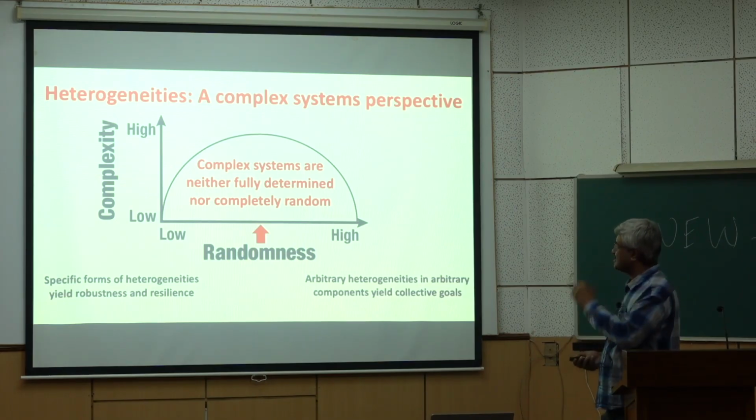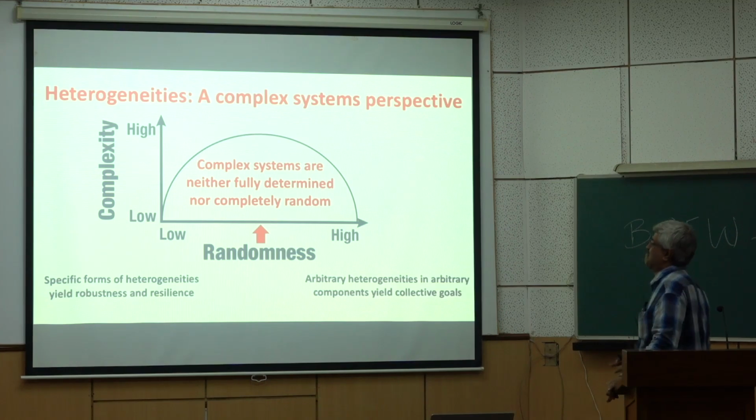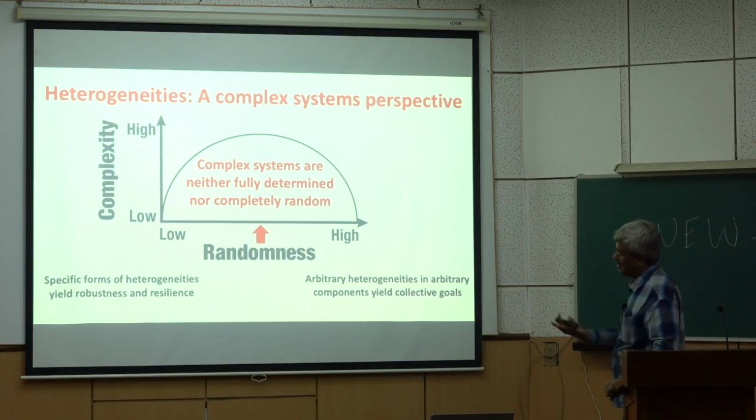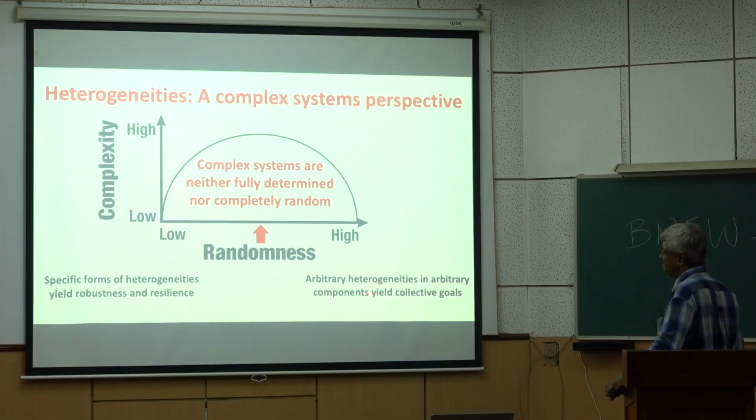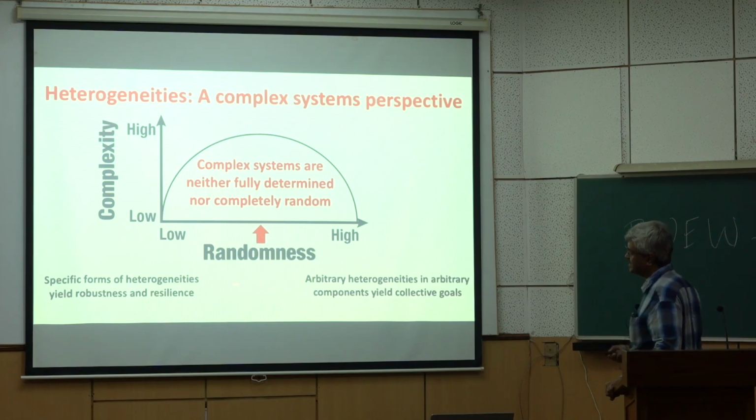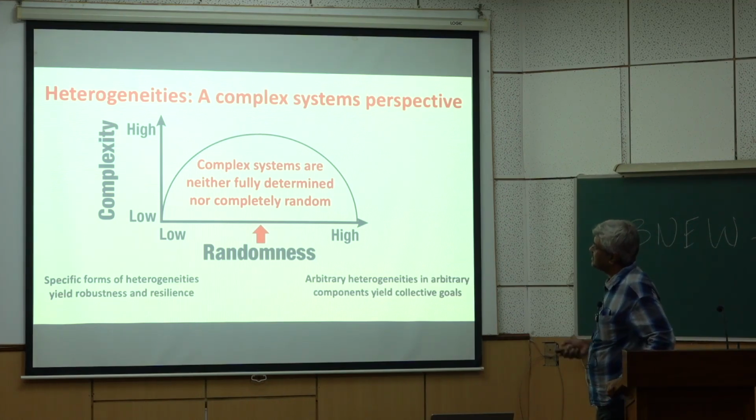From a conceptual framework, you could have a complex system, or to be more precise, a complex adaptive system, which is neither fully determined, where one specific form of heterogeneity will give you robustness or resilience, nor a completely randomized system where you can have arbitrary heterogeneities in arbitrary components giving you your collective goals. Complex systems are defined by their intermediate levels of randomness. That's where the complexity is high.